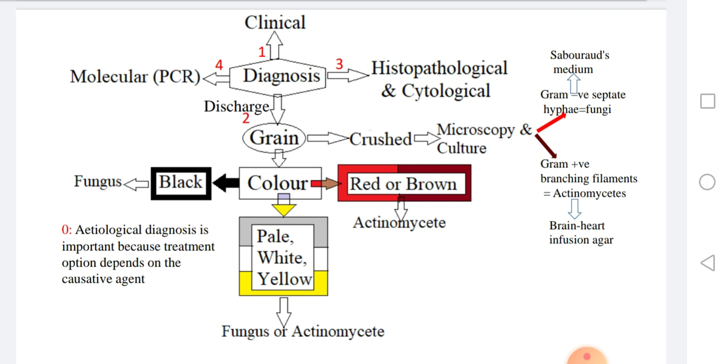You take a specimen and you investigate it through the PCR, polymerase chain reaction. All of these procedures, you need an etiological diagnosis to know what is the causative agent. Is it a fungus or a bacterium?